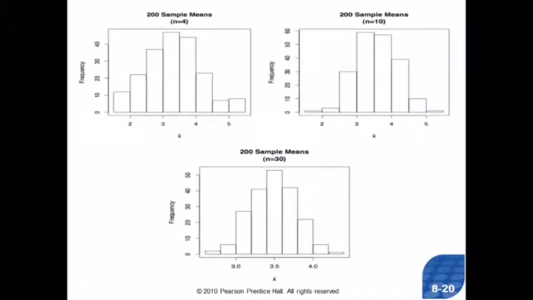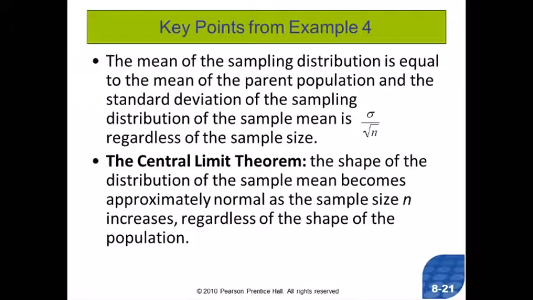What do you notice with our histogram? As the sample size increases, 4, 10, 30, our histogram is approximately normally distributed now. So that is the Central Limit Theorem.